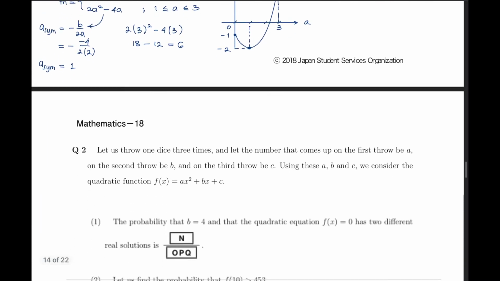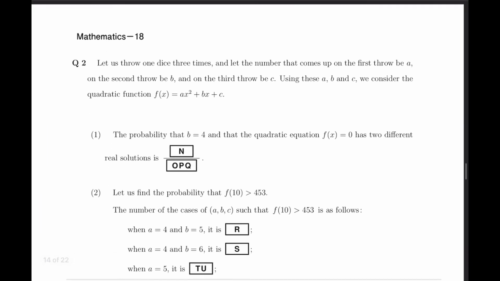Okay, let's move to the next question. The next question is about probability. Let us throw one dice 3 times.